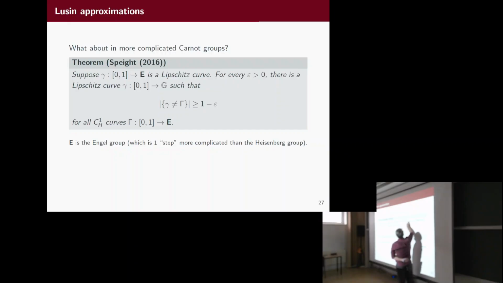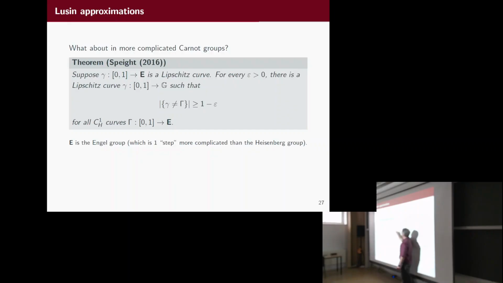Start here. For every epsilon, there is a Lipschitz curve so that the set of times where this Lipschitz curve differs from a smooth curve is almost all of the set, and I say almost all, not in the correct way of saying almost all, but most of the set, as much as you want it to be.